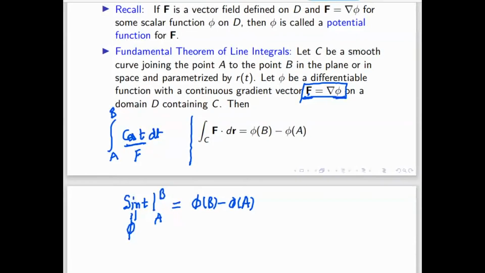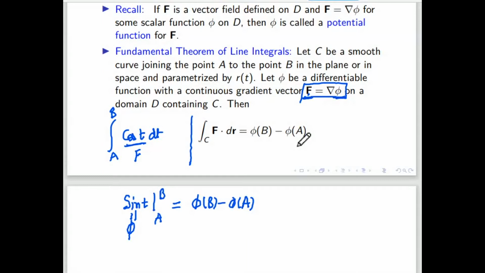So if F equals grad phi, then there is no need to choose any parametric representation. If you know the initial and final point, apply those points and you will get the answer. That means the answer doesn't depend on the parameterization, any path, any curve between them. Just 2 points are enough in order to get the answer. So that is called the fundamental theorem of line integral, like we know the fundamental theorem of calculus.